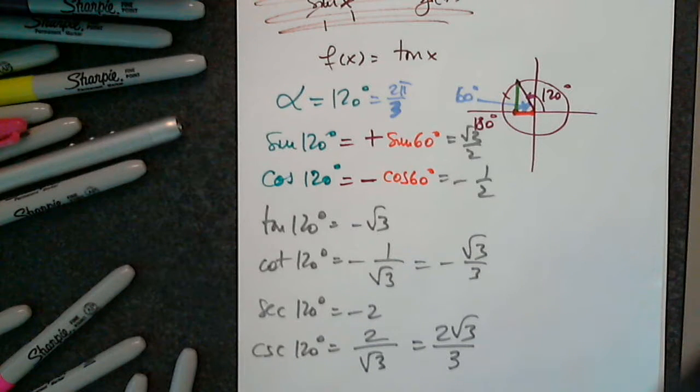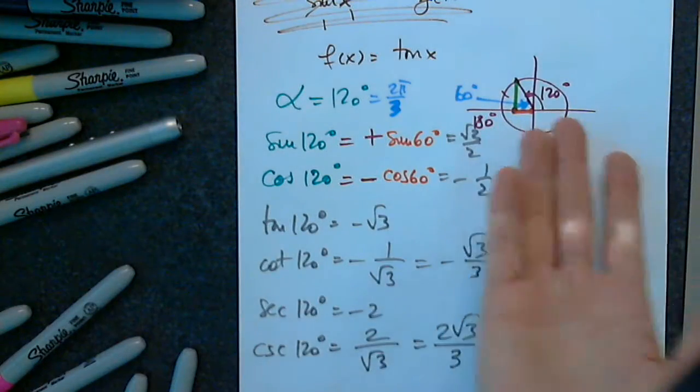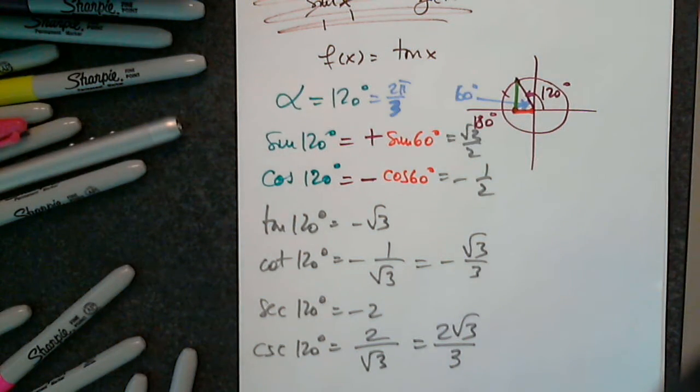Calculator will tell me sine of 120. True. But basically, 120 is not an angle that can fit in a right triangle. So we stick with the rules. Opposite over hypotenuse. How can a triangle with 120 degrees have an opposite leg and a hypotenuse? It can't. So that's why we have to go back to basics and find the reference angle.